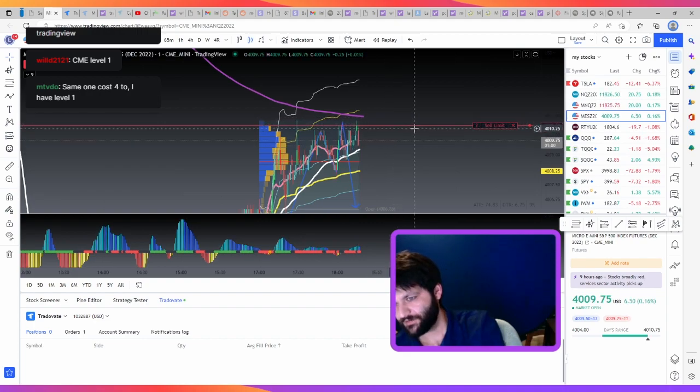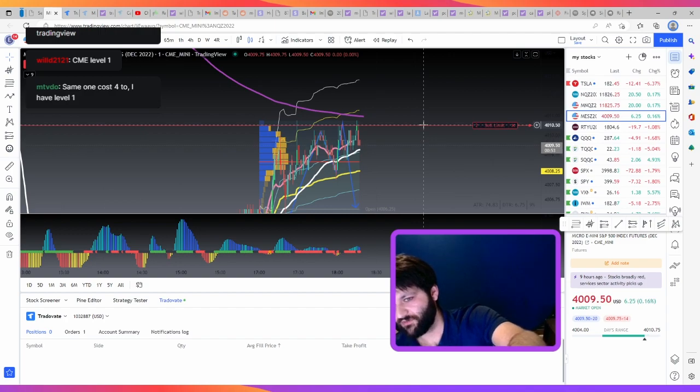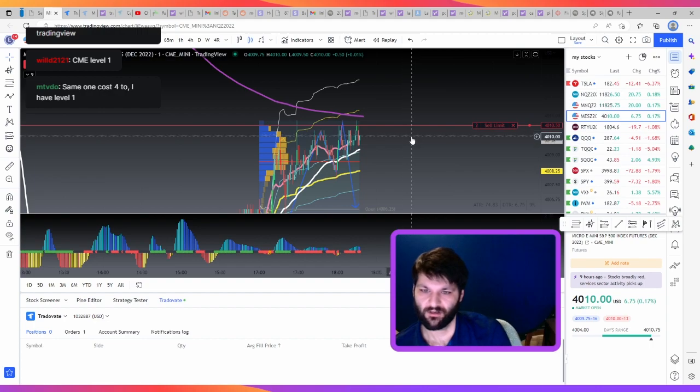So if it's a short, you need it a tick below, because it's not going to fill it right on. It's going to fill it when it goes up 1 tick above. And then again, if you're doing a long, so say you want it to go up, it needs to be 1 tick above where you want it filled at.